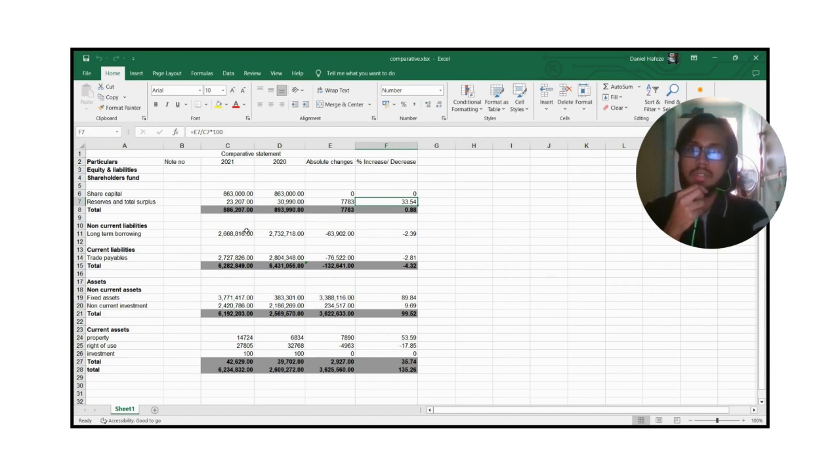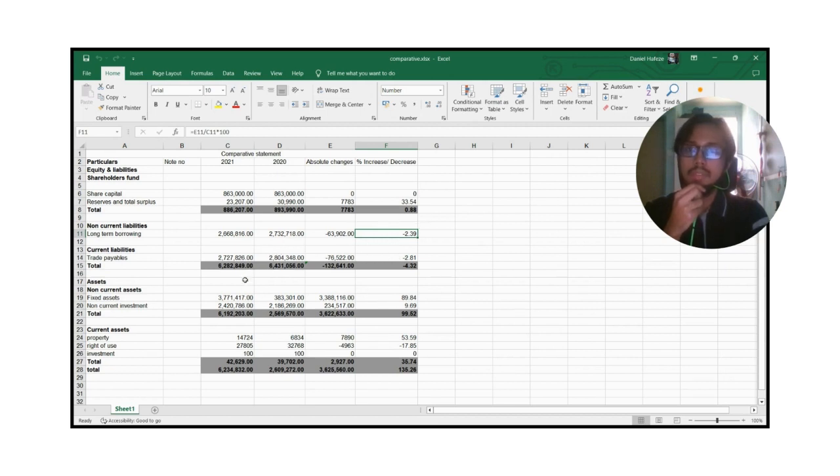Now, the non-current liability would be the same thing. You just take the first column minus the second column, you get the absolute change. Then you take the absolute change, divide by the first column, and times 100, you get the percentage. And for this one, it is negative, which means they are not earning profit.